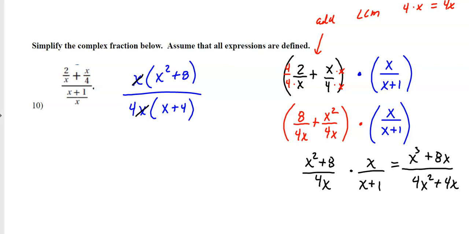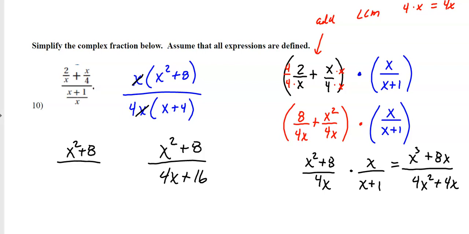So I think at the end of the day, I get x squared plus 8 over 4x plus 16. Or, I guess I could have left it as x squared plus 8, because that's not factorable. I think either one of these two, we would be good to go.